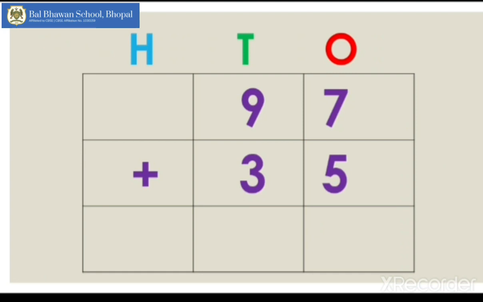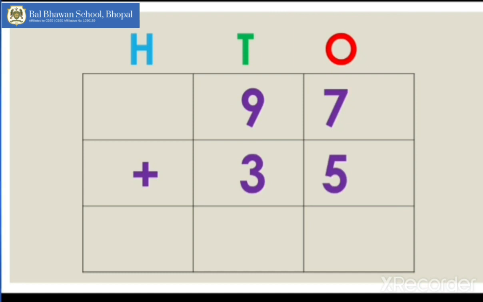Here 97 is the number of vanilla shakes, 35 is the number of chocolate shakes. Now we will add and find out the total number of shakes sold by Mark. You already know the rules of addition with regrouping. We have already done it.